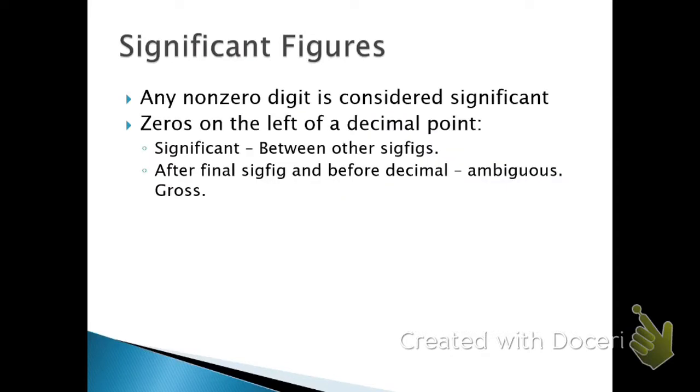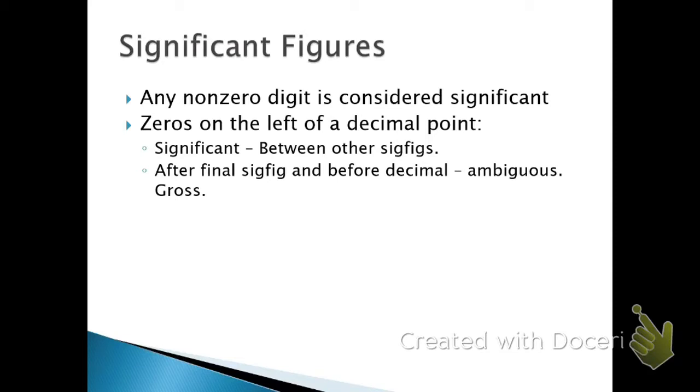So what is a significant figure to begin with? Well, any non-zero digit is significant. So 1, 2, 3, 4, 5, 6, 7, 8, 9, all are significant. It gets a little bit sticky and tricky when you get to zeros. If you are to the left of a decimal point, any zero between significant figures is considered significant.